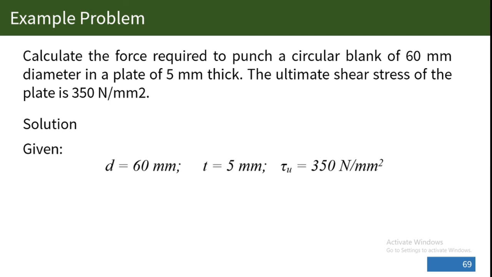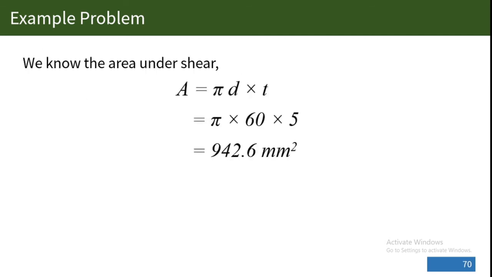So now we will calculate the area under shear. When we are punching a hole, the area resisting the shearing load is equal to the circumference of that hole times the thickness.